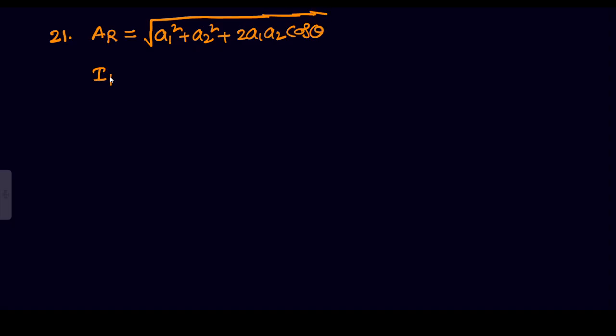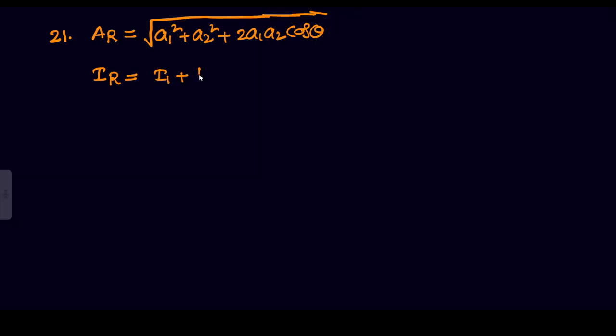Resultant intensity formula. The resultant amplitude, tell me now, is A1 square plus A2 square plus 2 A1 A2 into cos theta. And the resultant intensity is what, tell me now?